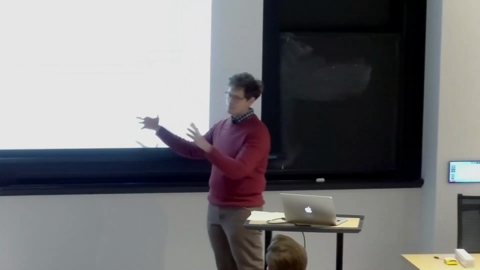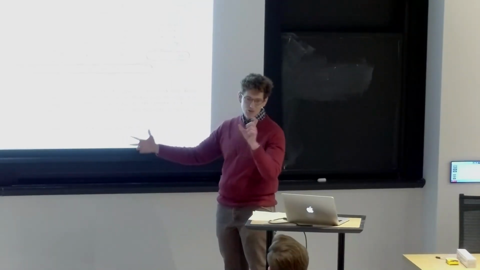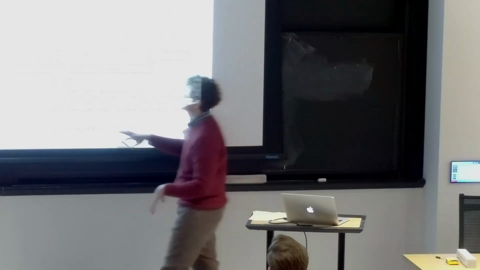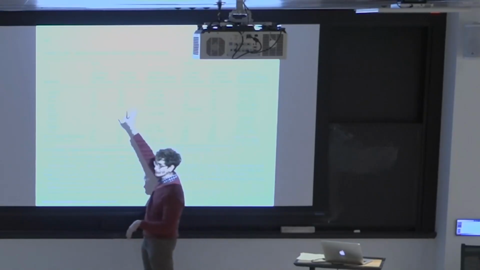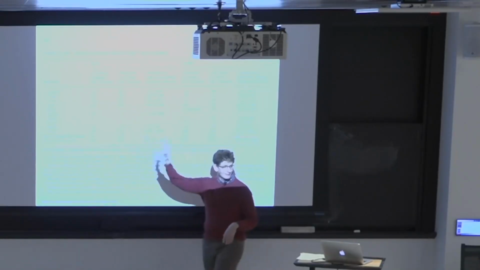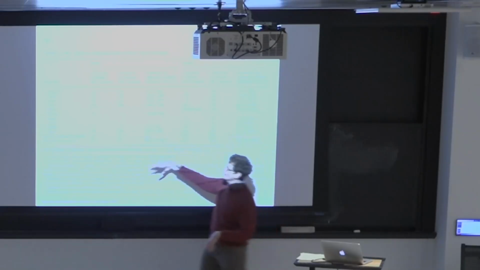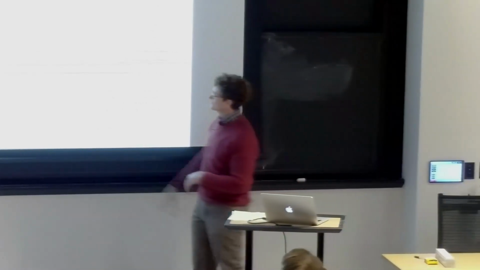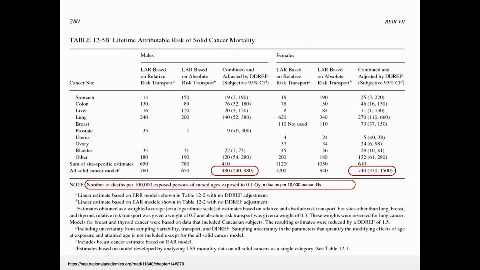They have this huge, hundred-plus page document where they try to calculate all the different risk models, and they have a relative risk model, and they have an absolute risk transport model, and they have it organized by sex, and they have it for all the different organs, and they can add it all up, and they give you these numbers at the end of the day for all solid cancers, 480 per 100,000 people exposed to 0.1 gray.